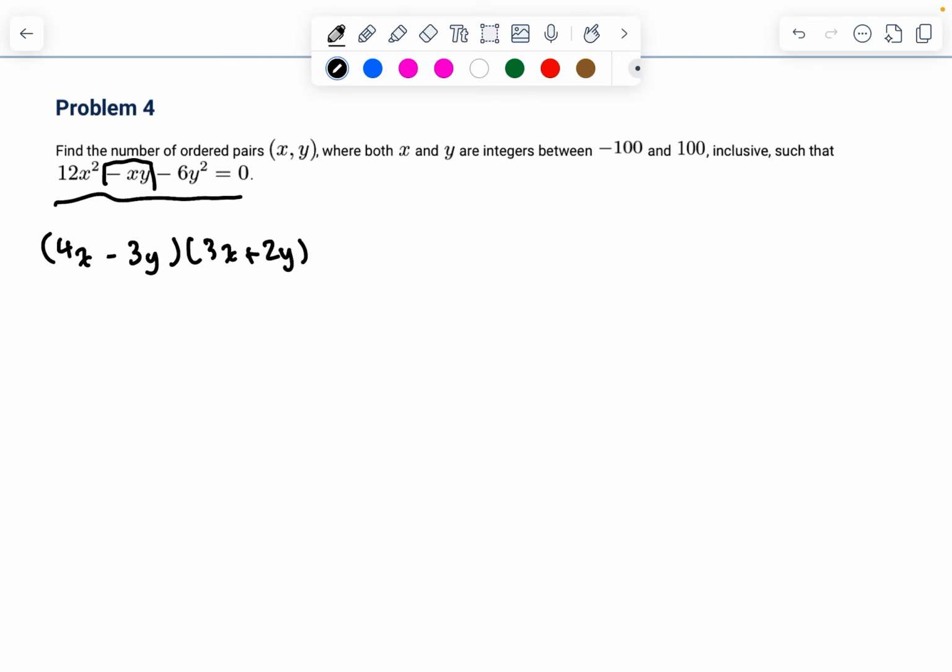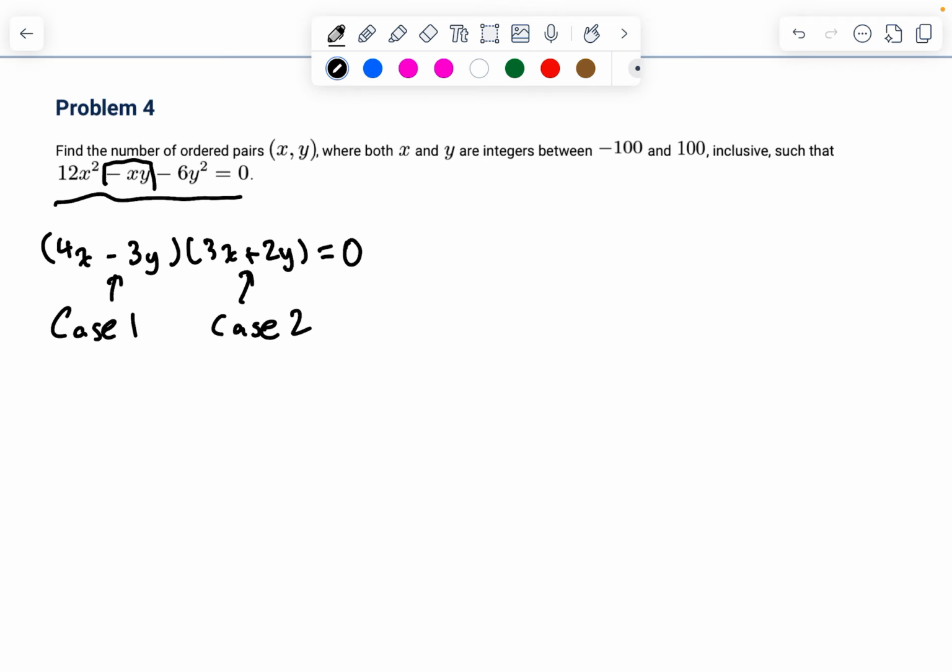Okay, let's keep going. We're going to set this equal to 0. Now, if you multiply two things and you want them to equal 0, at least one has to be equal to 0. So at least one of these two has to equal 0. We're going to split this off into cases where case 1 is where this equals 0, and case 2 is where this equals 0.